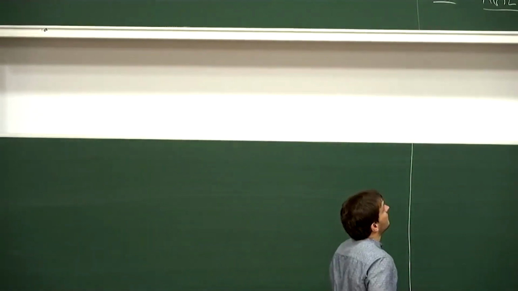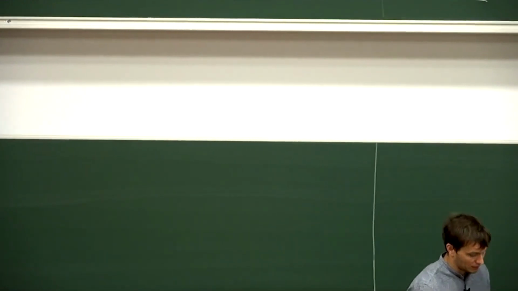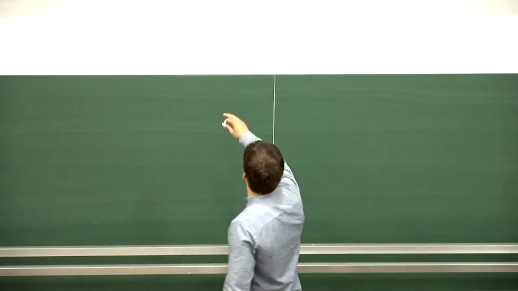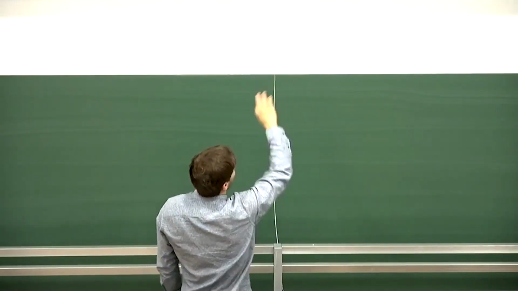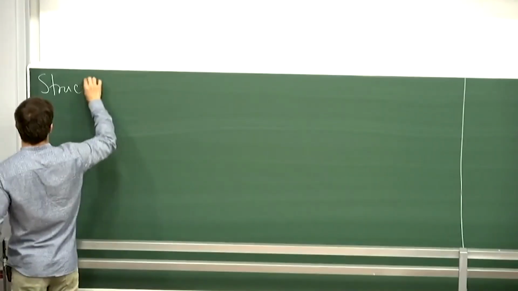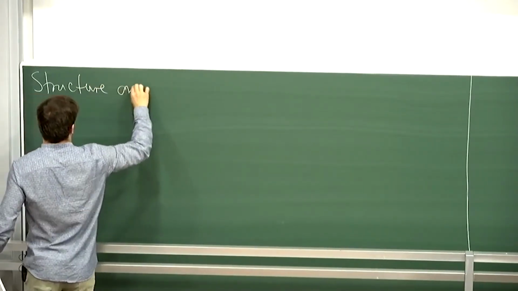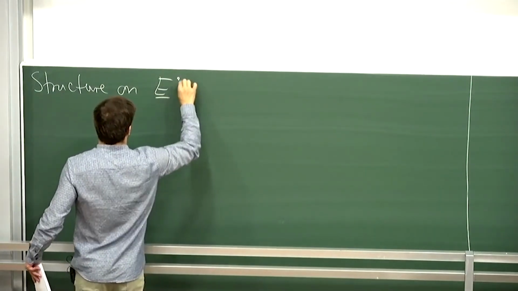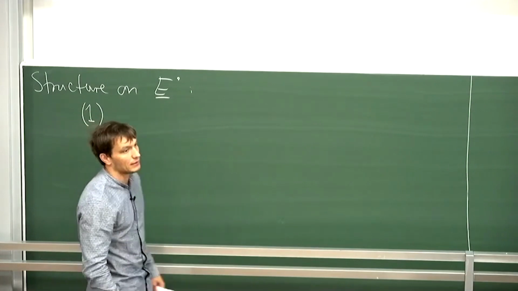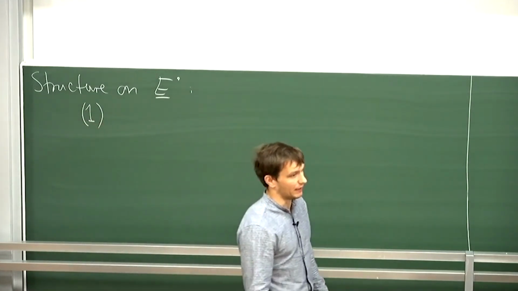So in order to do this, to even have a chance, I first have to tell you some more properties and structures on these underlying theories that you can get. So we have the following structure on this E underline bullet. And the point is that this is a spectrum in the P1 direction.